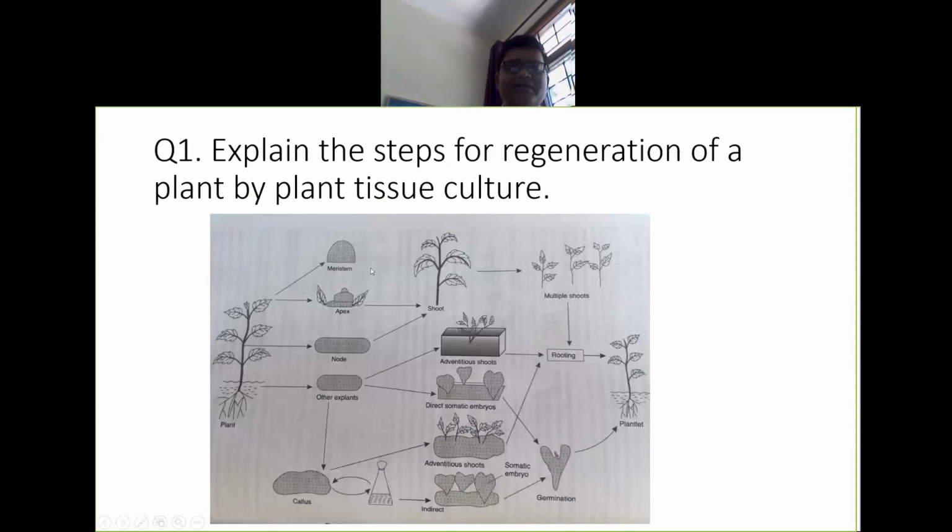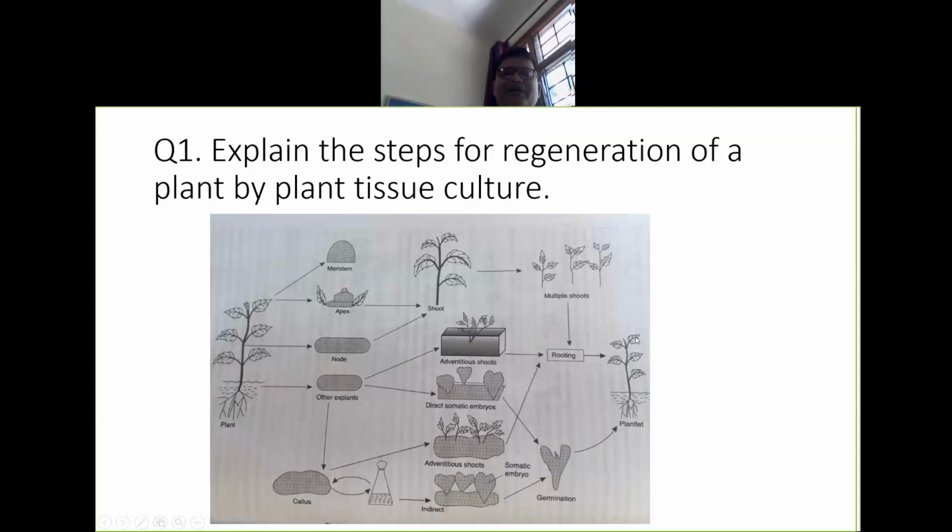Initially it is explant, and then it forms the callus, then we develop the different organs. And if there is a high concentration of auxin, then it forms the roots. So root formation occurs. So you will find the somatic embryo has different shapes, that is the globular stage, the torpedo shape or heart shape. And finally you will get the cotyledon, and from that you will get the whole plant.